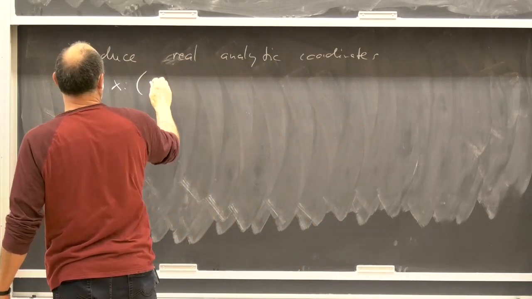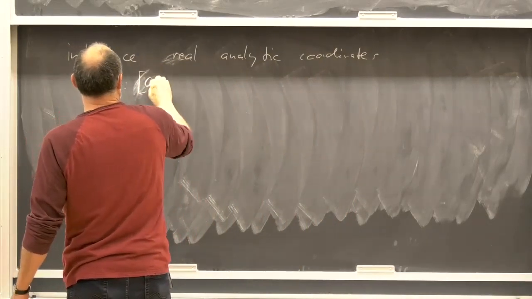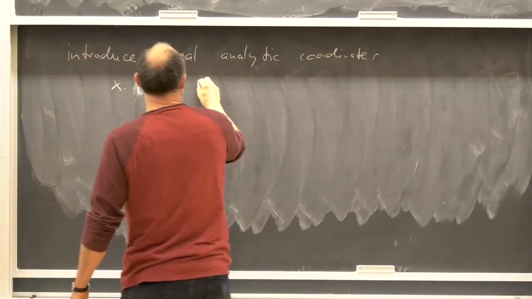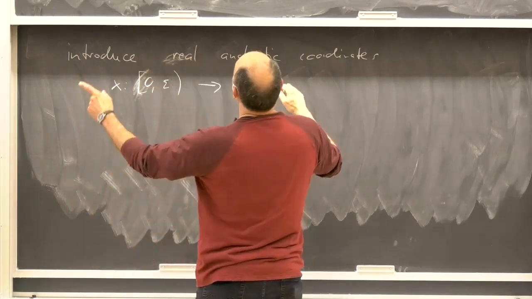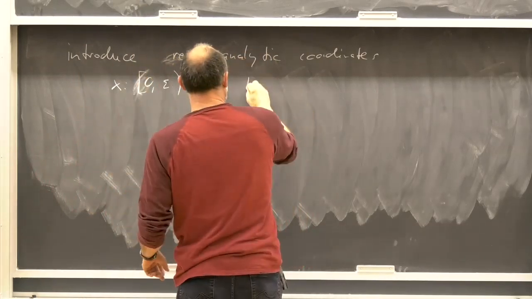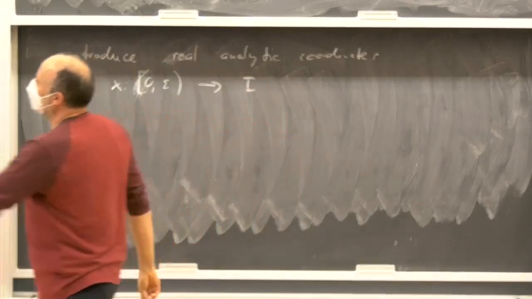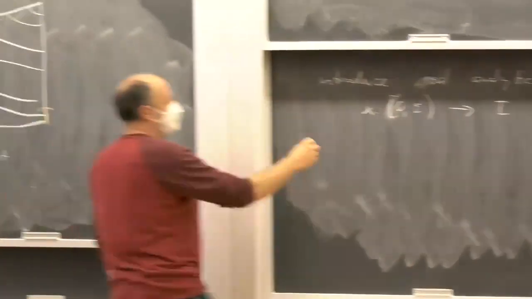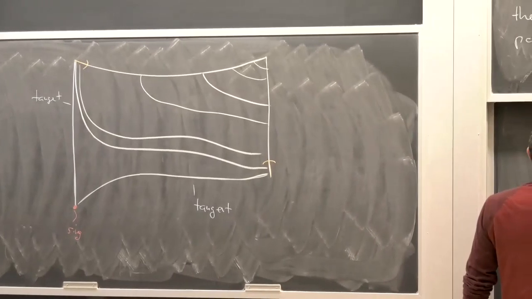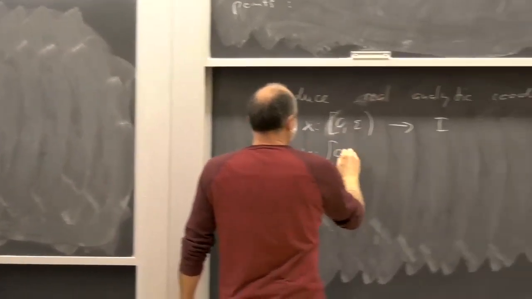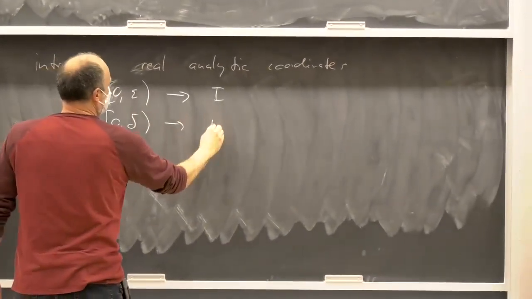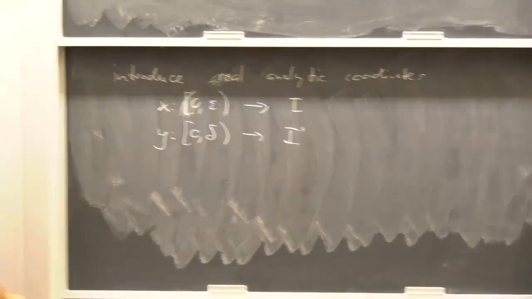X from an interval 0 to epsilon to I, where I is on the top. And another one, y from 0 to delta to I prime, which is this guy over here.